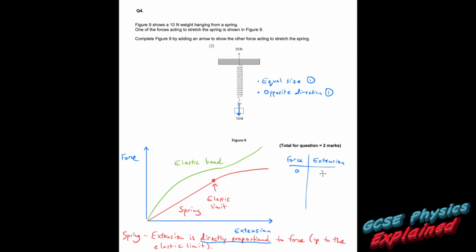If the force is nothing, the extension's nothing. So if I double the force, it's doubled the extension. Or if I treble the force, it trebles the extension. Do you remember that? But for higher values, it won't follow the same pattern. So say once it gets to 7, instead of going up by another 2, it might go up by 3. And then it might go up by 4 on top of that.